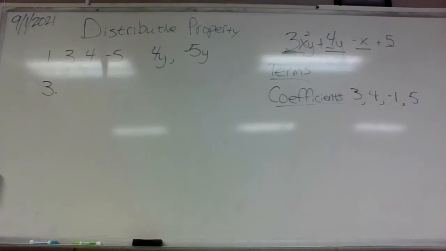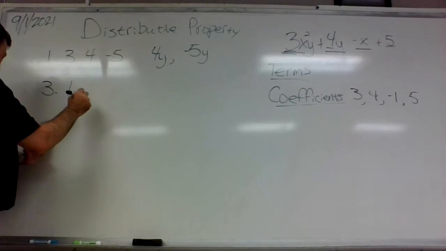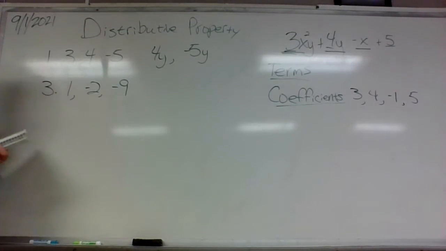Okay, first question might confuse us. What are the coefficients? -2 and -9. Okay, somebody said it. The first coefficient is 1, right? So 1, -2, -9. Yeah, you're right on the other two.